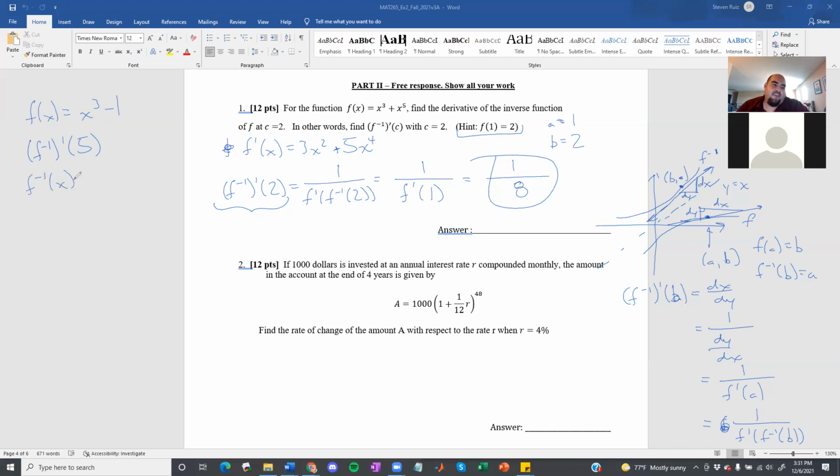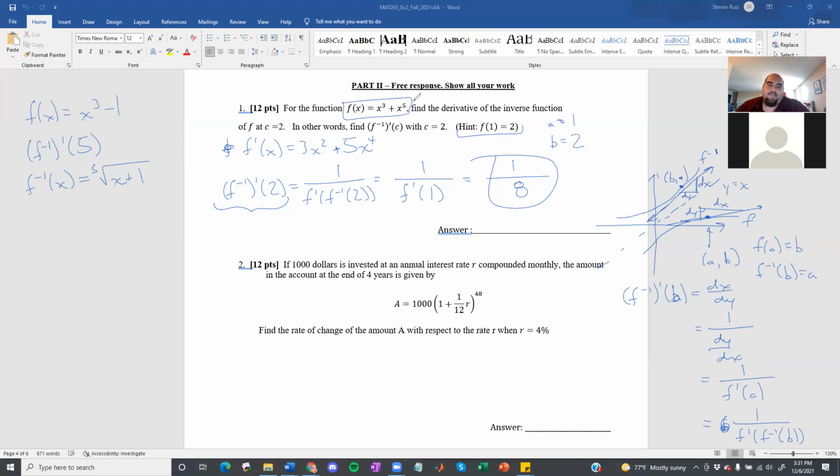You could find f inverse as, what would that be? The cube root of x plus 1? Cube root, yeah. So in cases where you can just find the inverse, you could just take the derivative and plug in whatever value you want. So the real usefulness of the inverse function theorem is for functions whose inverses are really hard to get to.